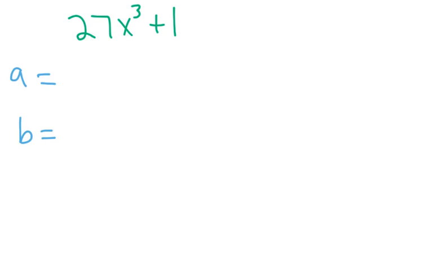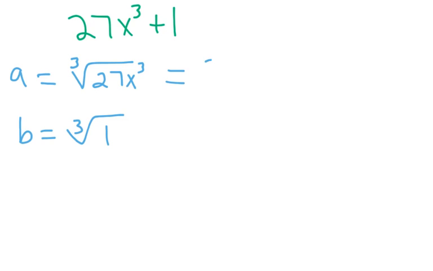So A is my first term. Ask yourself, what is the cube root of 27x cubed? And B is my second term. What is the cube root of 1? Alright, so we come back up here. What times what times what gives you 27? 3 times 3 times 3, right?